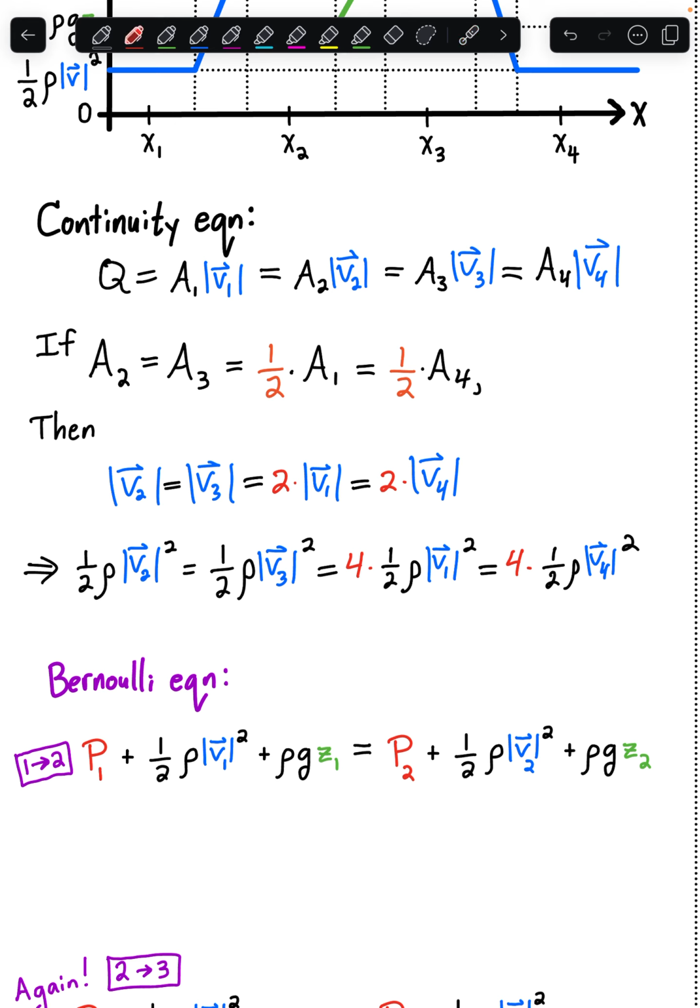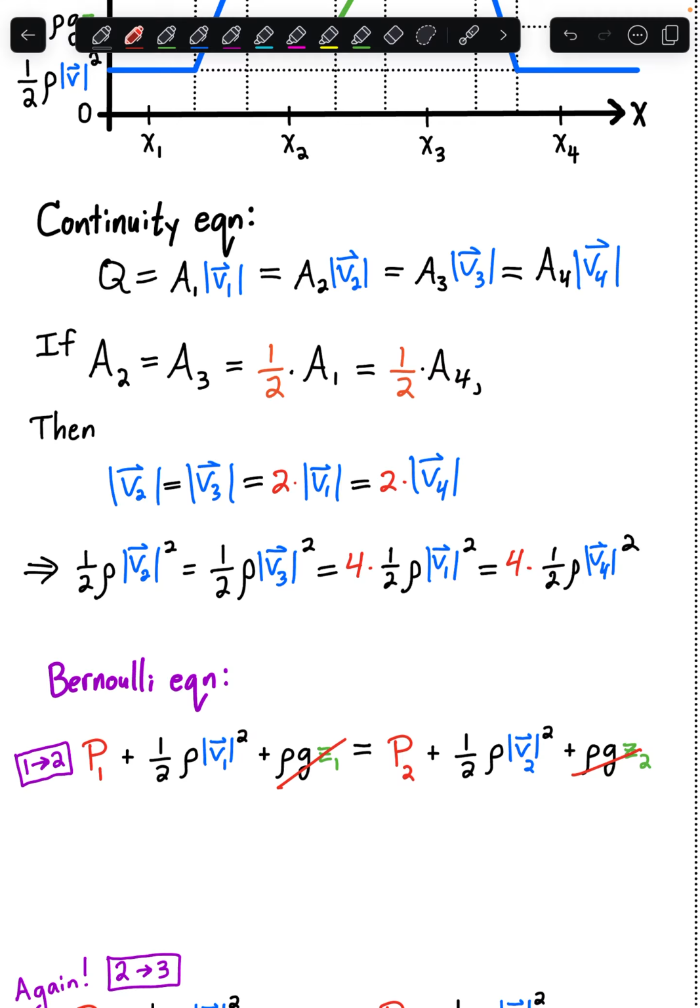And at moments 1 and 2, the z value is the same. So these two terms are identical. So we can subtract those terms from both sides. The fluid has not changed in height from moment 1 to 2. And then what we typically do is gather the difference in pressure on one side and the difference in kinetic energy density on the other side.